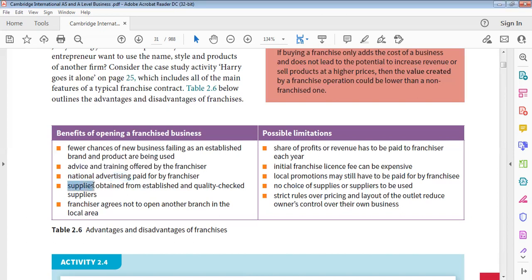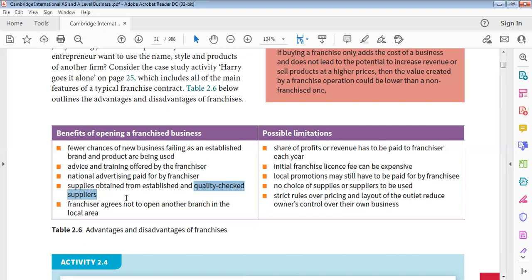And then you don't have to even worry about collecting the supplies, because they already have a list of approved suppliers. Quality checked suppliers. You'll see that all these big companies like Burger King, McDonald's, even Starbucks, usually do not take supply from a new supplier.